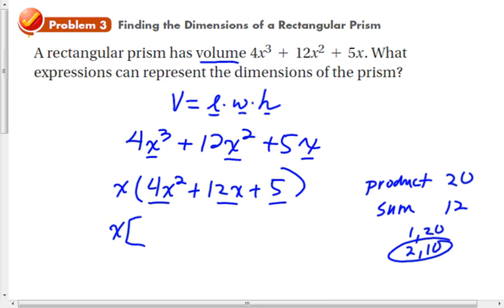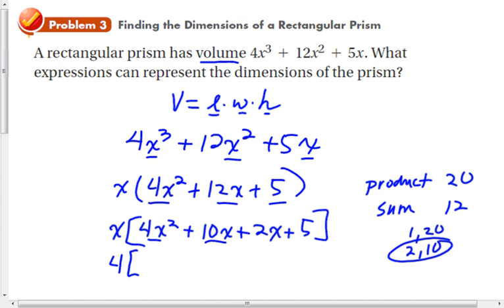And so I'm going to rewrite the 4x squared like this: 4x squared plus 10x plus 2x plus 5. And I'm going to group those and write it as, let's see, 2x is a common factor there. 2x times 2x is 4x squared, and 2x times 5 is 10x. And 1 times the quantity 2x plus 5 is 2x plus 5.